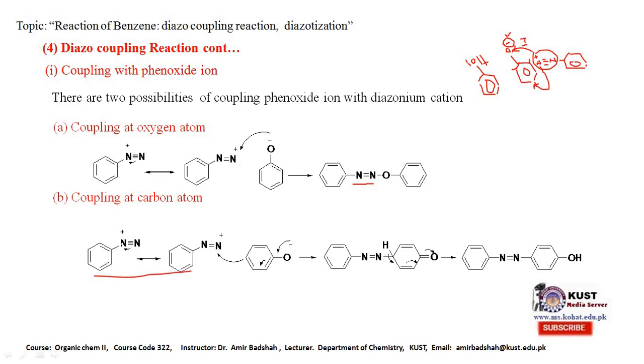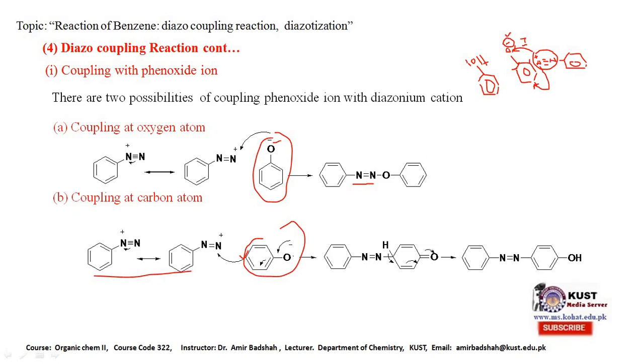Here there is a triple bond between the nitrogens, and when electrons are shifted here, this positive charge will vanish and the positive charge will appear on this nitrogen. As we have mentioned earlier, this phenoxide can react through oxygen, or phenoxide can react through carbon, but mostly it will react at the para position.